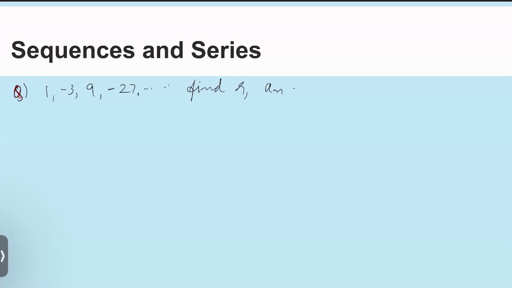So for R, we will have A2 by A1. So minus 3 by 1 is minus 3. And for A3 by A2, if we get the same thing, so that is 9 by minus 3. So that is minus 3.